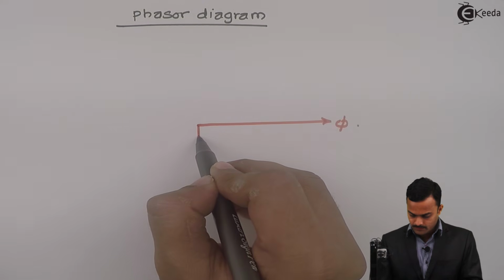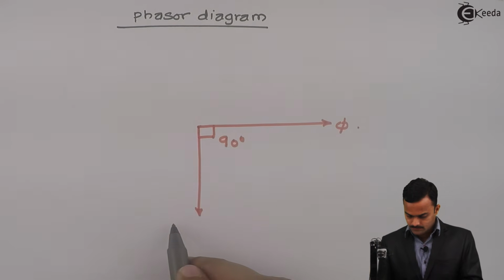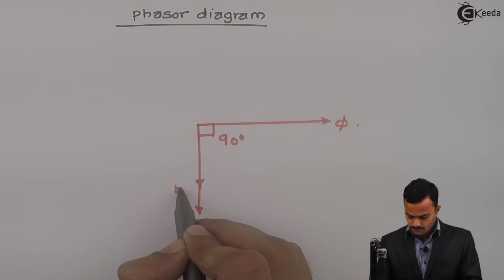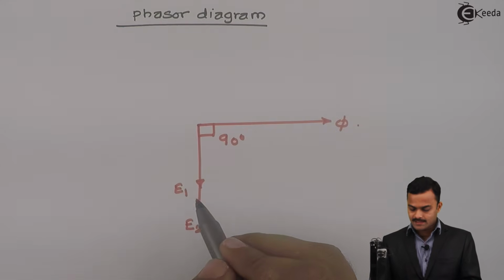So E1 and E2 will be like this. I will consider N1 number of turns is less than N2, hence E1 is less than E2.